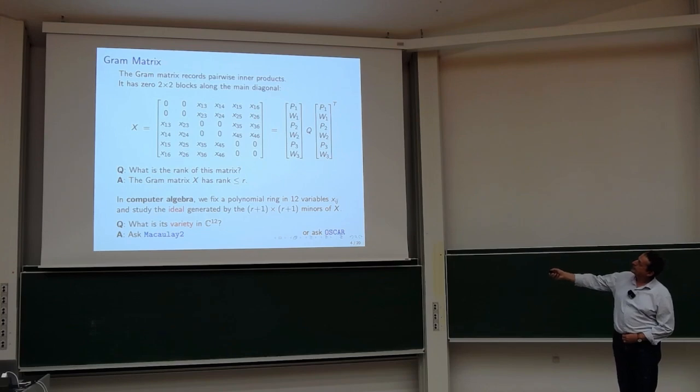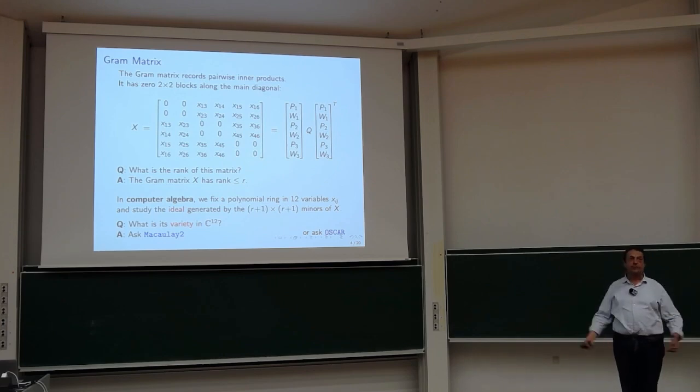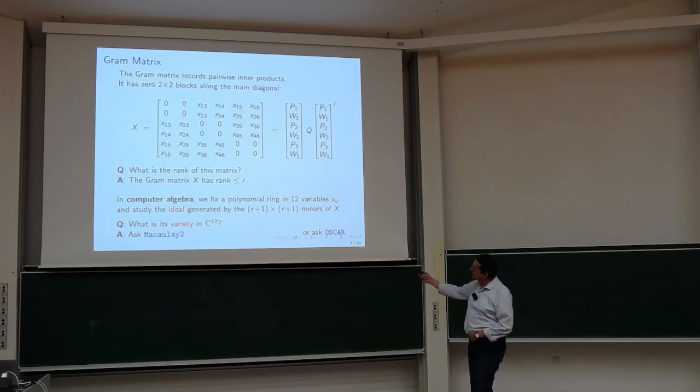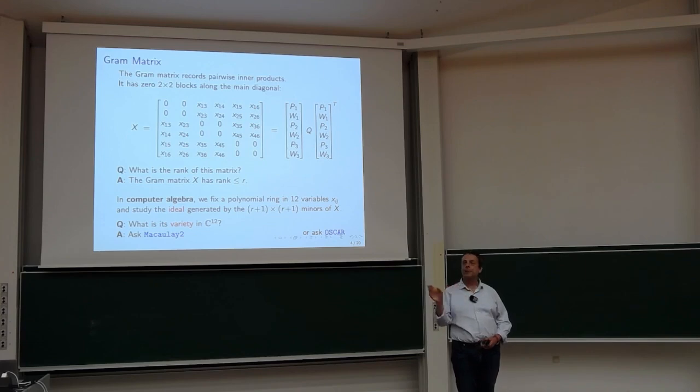But here, these 3, 3, 3 entries along the diagonal are 0, so there are 12 left. Right? So my constraints leave 12, so I'm working in a polynomial ring in 12 variables. Okay? I'm writing down a system of polynomials, and now we're going to investigate this together for rank 0, 1, 2, 3, and we see what we get. Okay? That's the plan for the next 5 minutes.